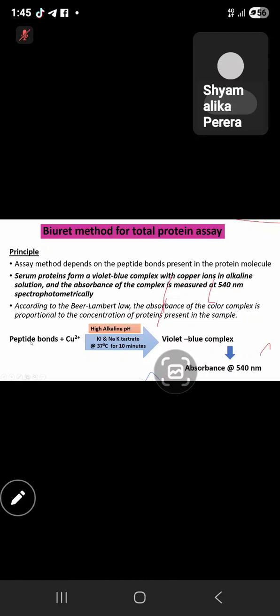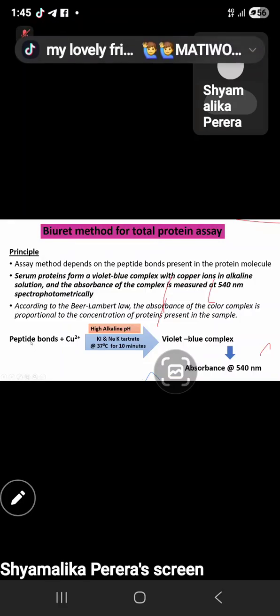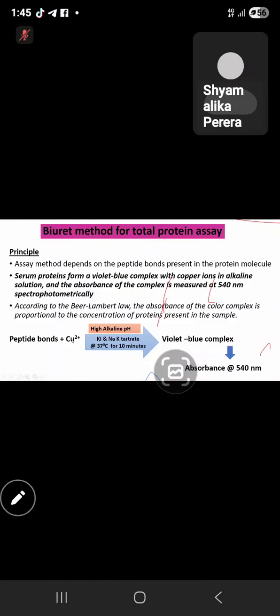That is the base of constructing protein: small amino acids joining together via peptide bonds to form a large protein. If you have peptide bonds, they will couple with copper in alkaline pH with potassium iodide and sodium potassium tartrate. You get a violet-blue complex, then you can read it at 540 nanometer.